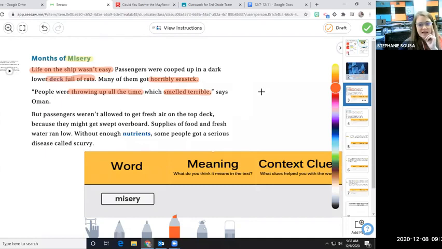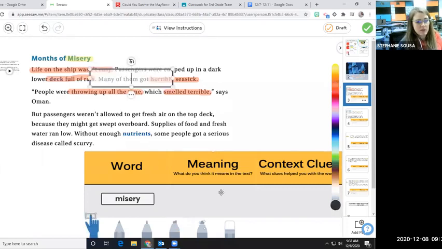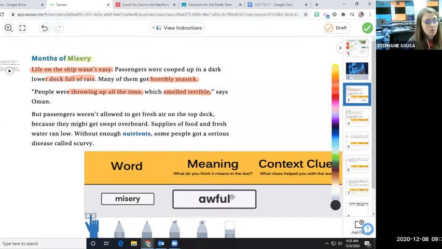Misery is not sounding like a good thing to me. It's sounding pretty miserable. It's sounding pretty awful, okay? Not enjoyable. So I have a lot of clues here. I think I know what this means. So in the text, I think that misery means awful. So months of awfulness.